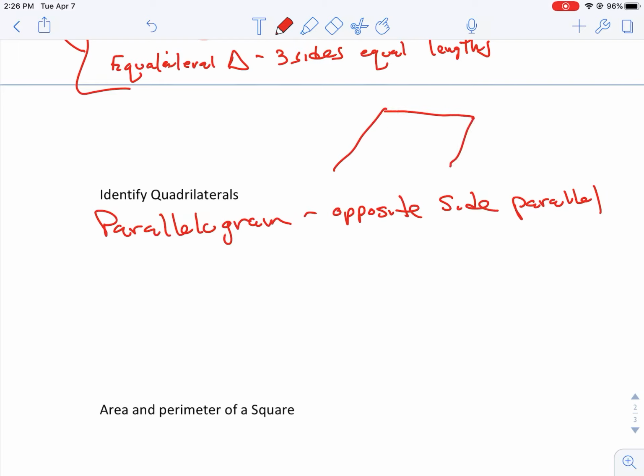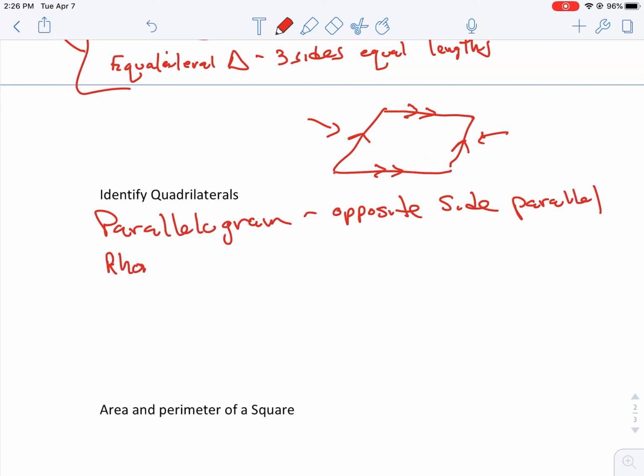Now remember, we don't know about the opposite sides if they're equal. We just know that they're parallel, and you'll see little arrows. So those single arrows on this side and on this side mean those two are parallel to each other. And then what they'll do up here is they'll do like a double, and that means those two are parallel to each other. Okay, we don't know if the opposite sides are equal in length.